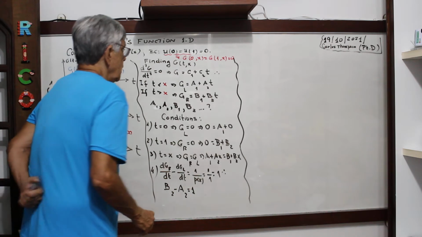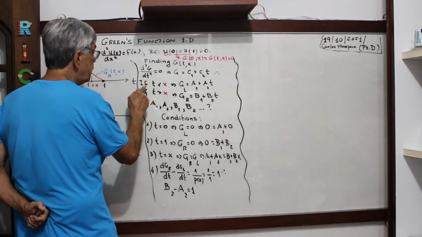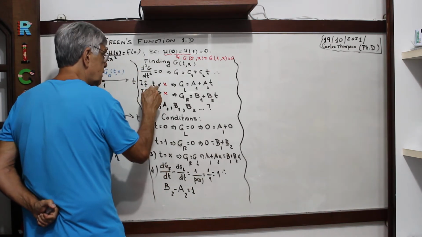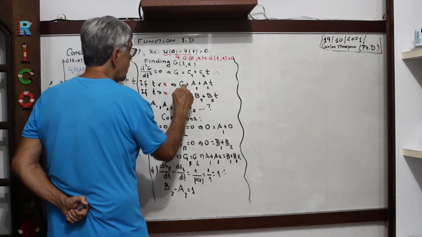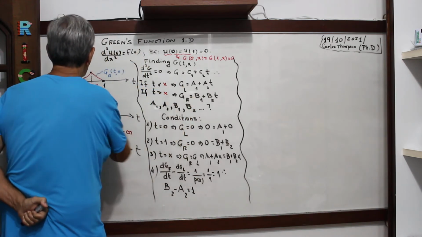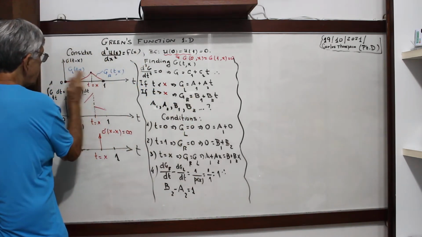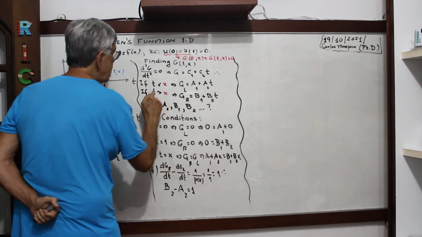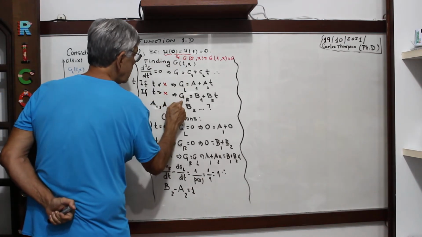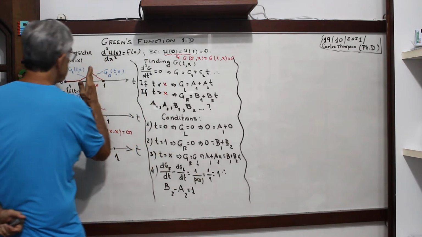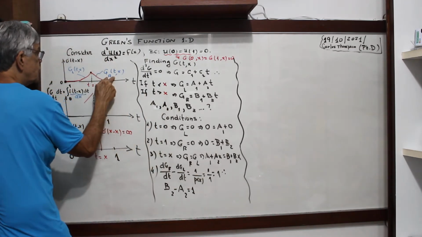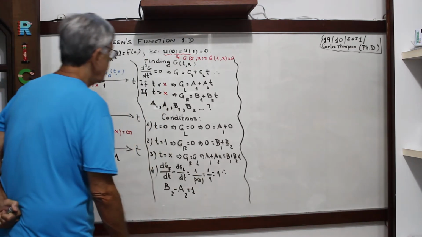Now, if t is less than x, I have GL. GL is for t less than x, and G right is for t greater than x.